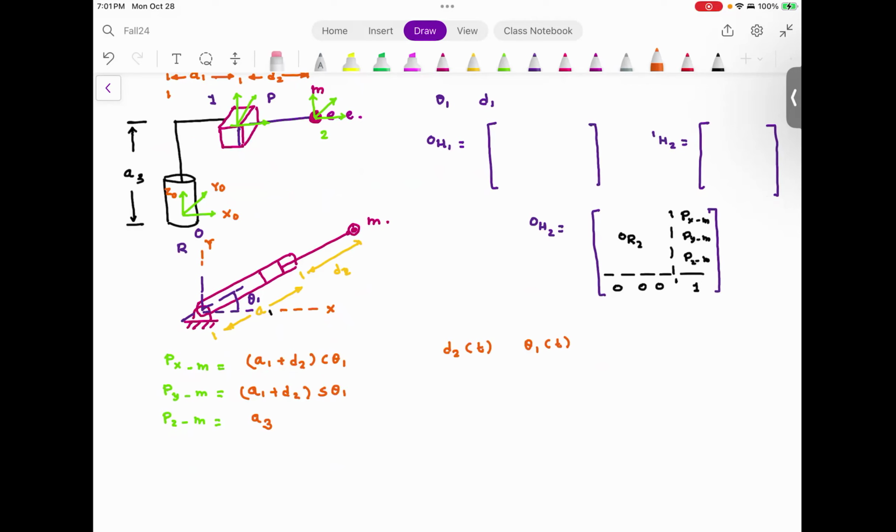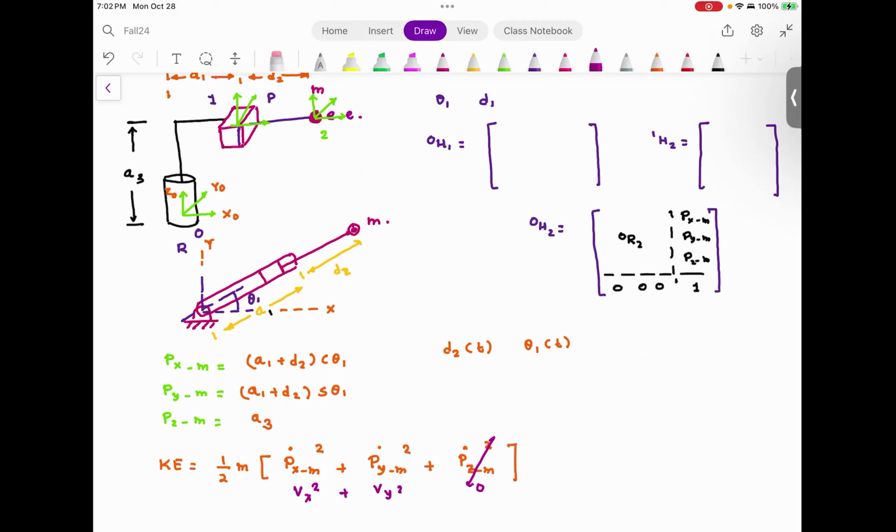So at the end, I have Pxm, Pym, Pzm, and I can find the kinetic energy of the mass as 1/2 m times Pxm dot squared plus Pym dot squared plus Pzm dot squared, and this last term is actually 0 because, as you can see, it is constant.